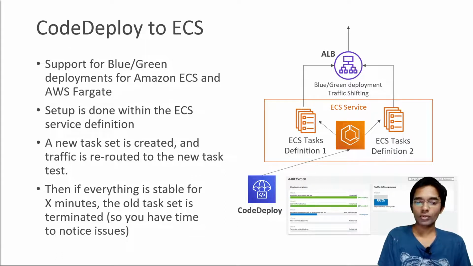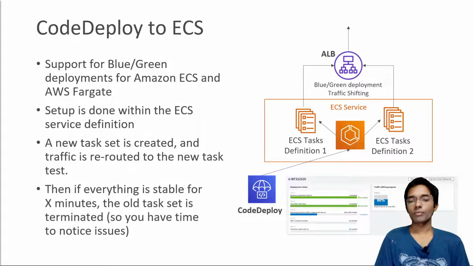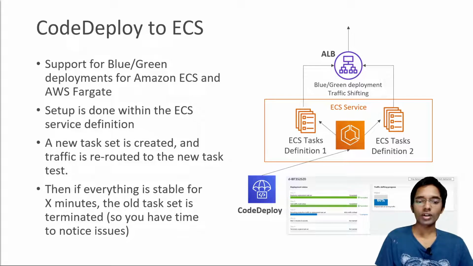And so the traffic will be shifted gradually over time, and then after everything has been shifted, it will check for stability for maybe 5 minutes, and if everything is stable, the old task definition, task definition number one, and the task set associated with it will be deleted, and CodeDeploy will have successfully performed a deployment onto ECS.